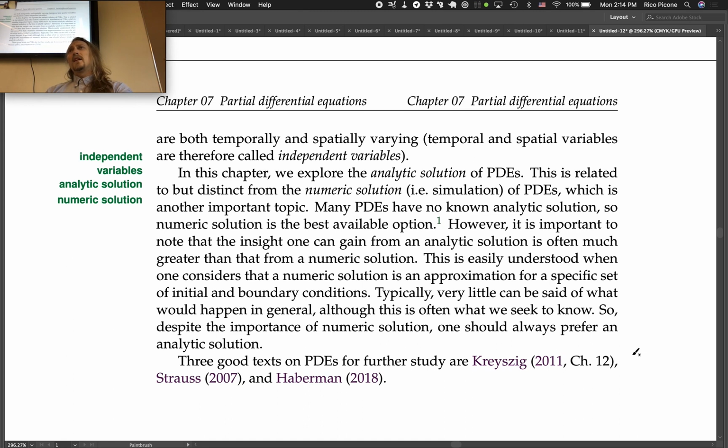I would say that the thing to watch out for in Kreyszig is that Kreyszig is really trying to give you a taste or a feel for PDE solutions and is not treating PDE solutions in general.